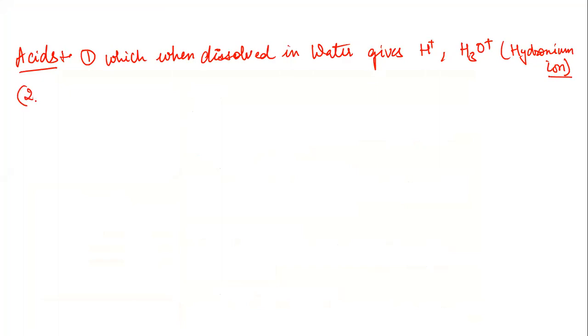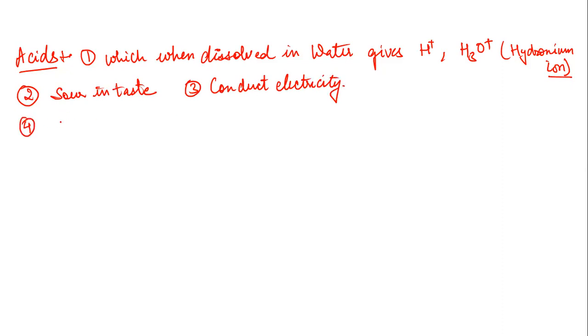Acids are sour in taste. They can conduct electricity, and they convert blue litmus to red. Clear?